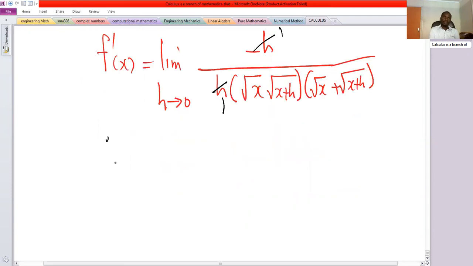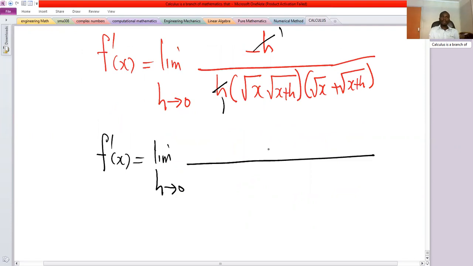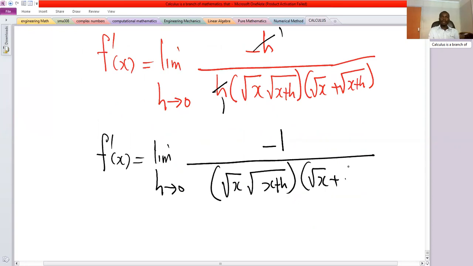So f prime of x will be the limit as h approaches 0 of -1 over square root of x plus h, and then root x plus h plus root x. Because of this simplification, direct substitution will now work.